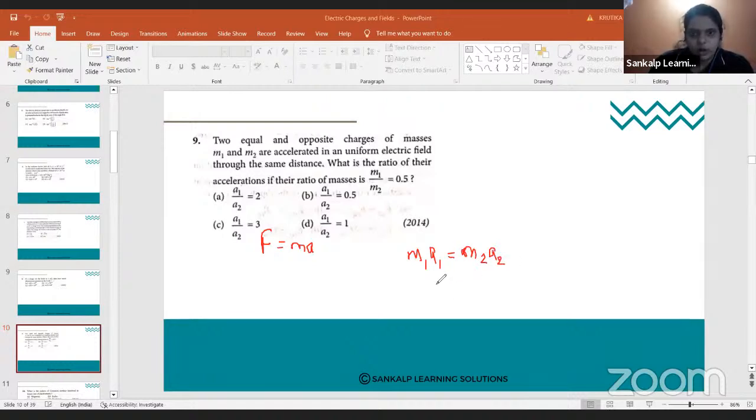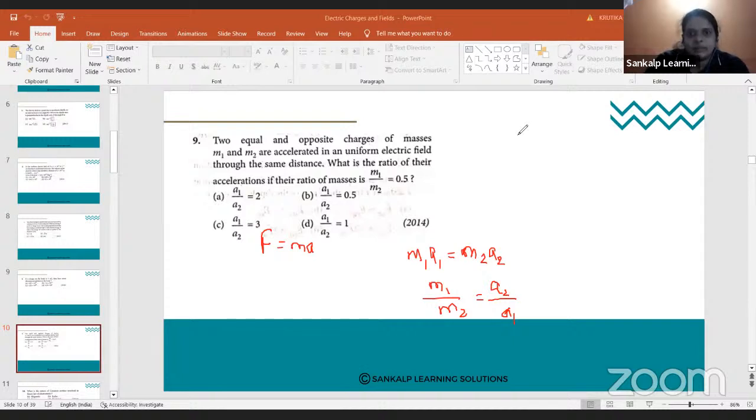They have given the ratio m1 by m2. So m1 by m2 is equal to a2 divided by a1. What is m1 by m2? It is 0.5.